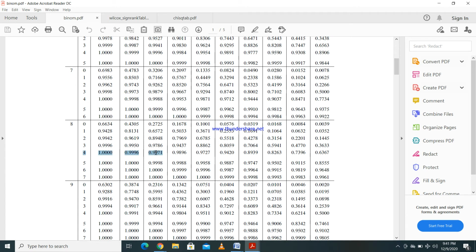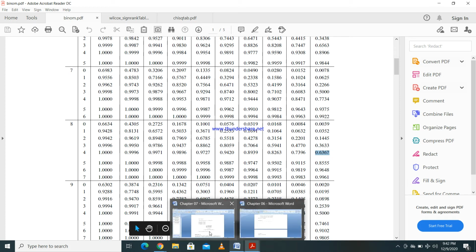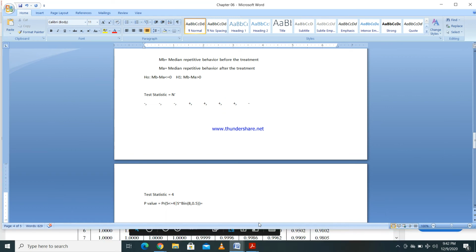This is the cumulative binomial table, and the corresponding value is 0.6367. So the p-value is 0.6367. Okay, that is the p-value.